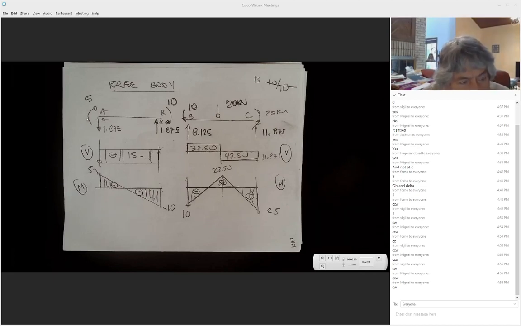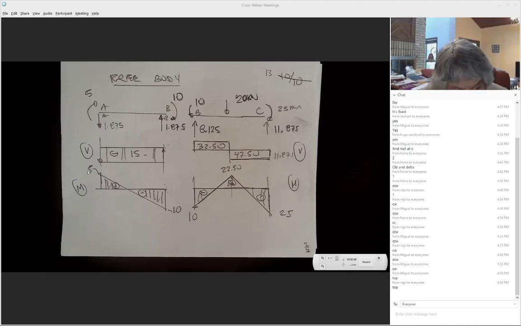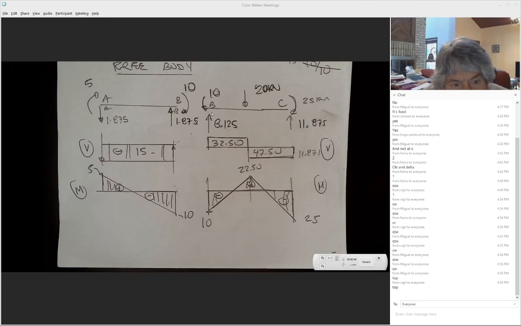And after that, look, this 5, where is the compression, top or bottom? Look, where is the compression, top or bottom? Here, the 5. Top. That's why it has to be here on the top. Look, where is the compression, top or bottom?